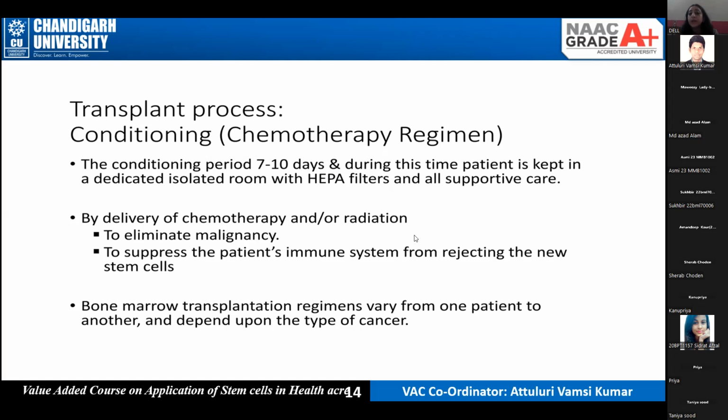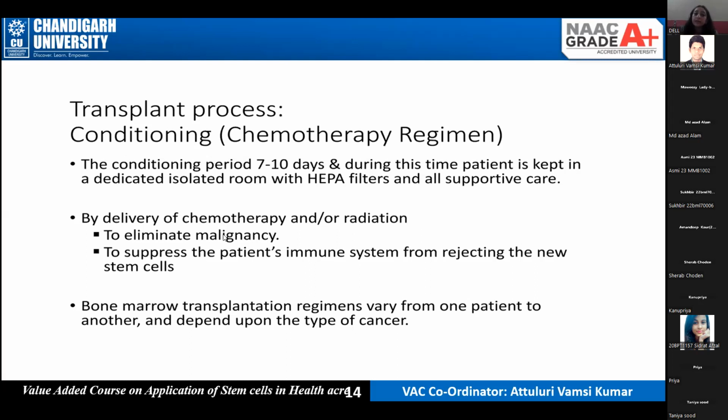At the time of chemotherapy, we give chemotherapy or radiation to those patients to eliminate the malignancy or to suppress the immune response. When we give the patient the new donor's hematopoietic stem cells, they might reject the new stem cells.